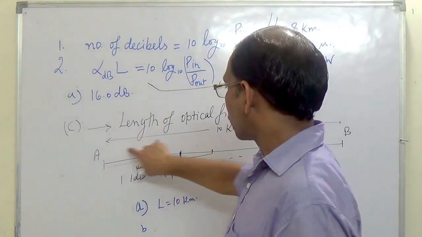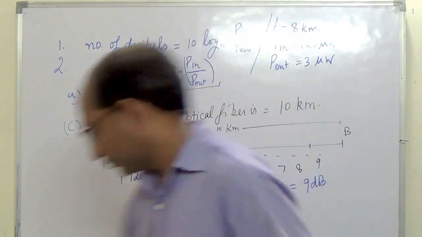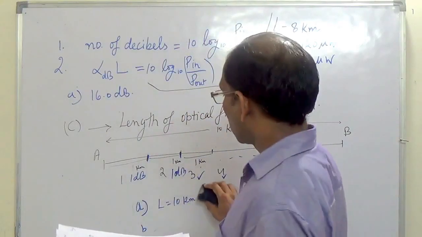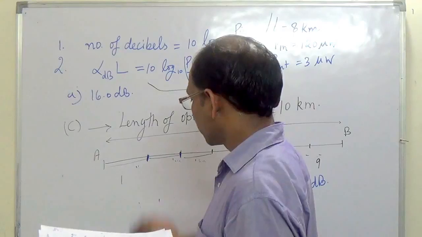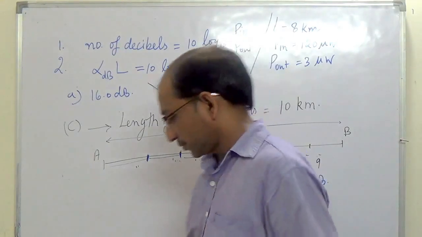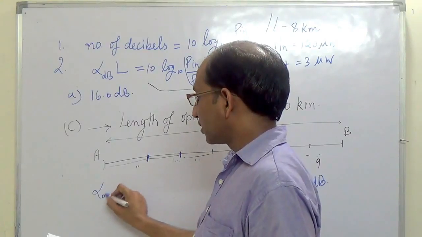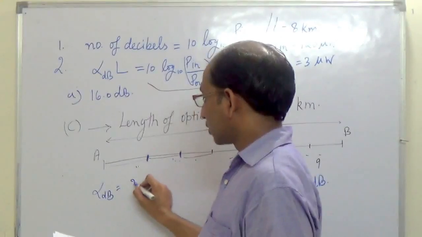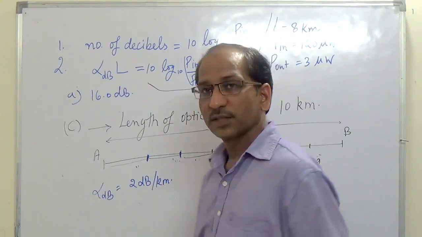Now what will be the loss of data in this 10 kilometer? That is the point. So we have seen earlier that alpha dB is equal to 2 decibel per kilometer, right?